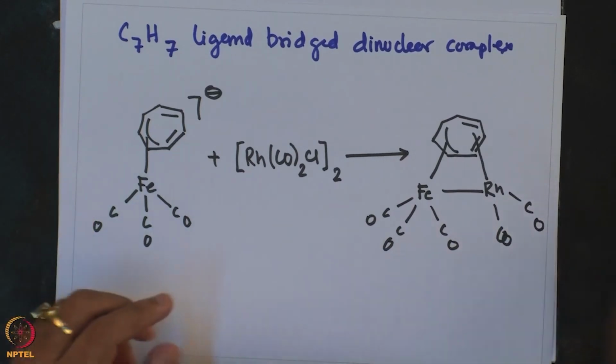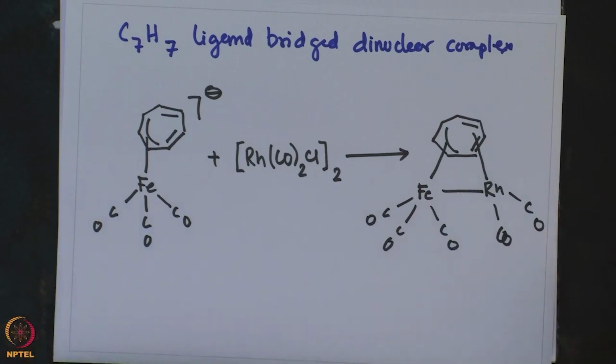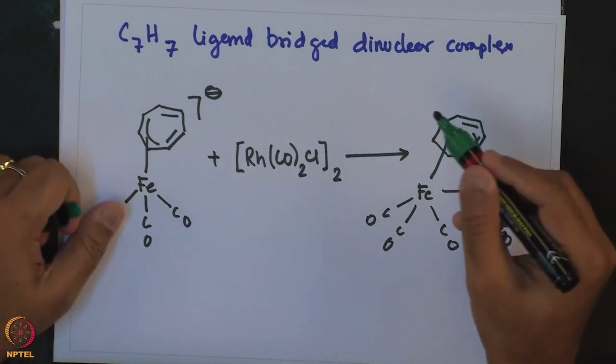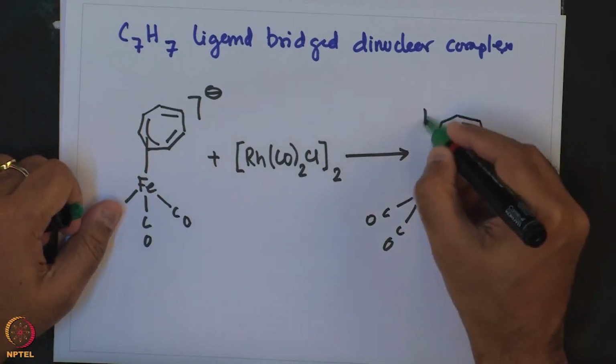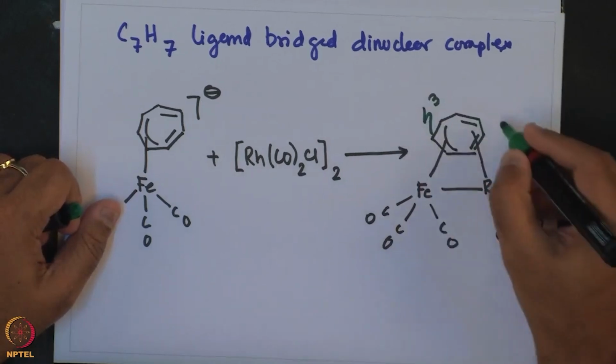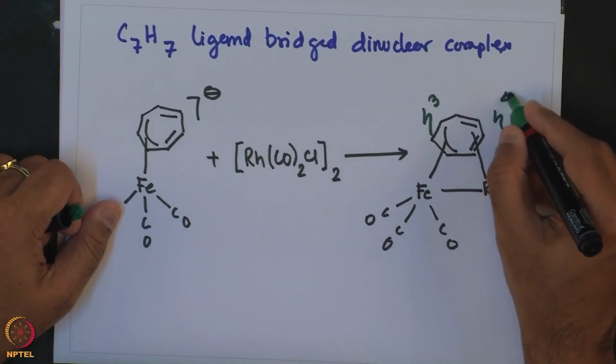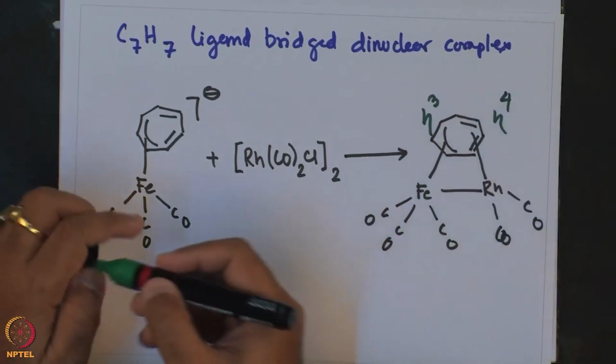This is an interesting compound in which the C7H7 is bound in an eta 3 fashion to iron and eta 4 fashion to rhodium.